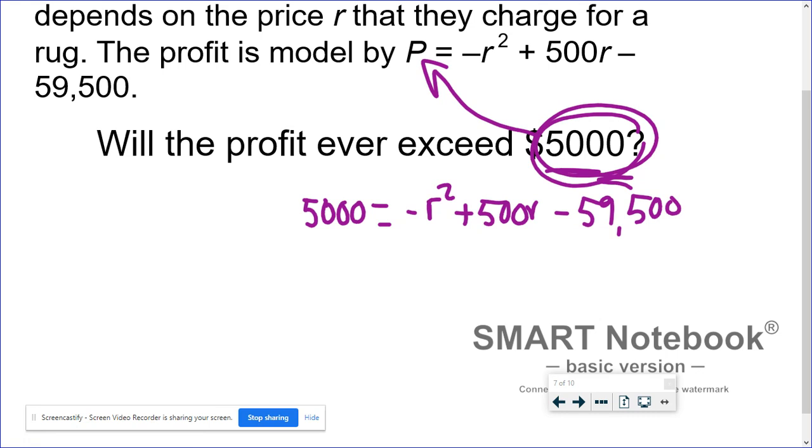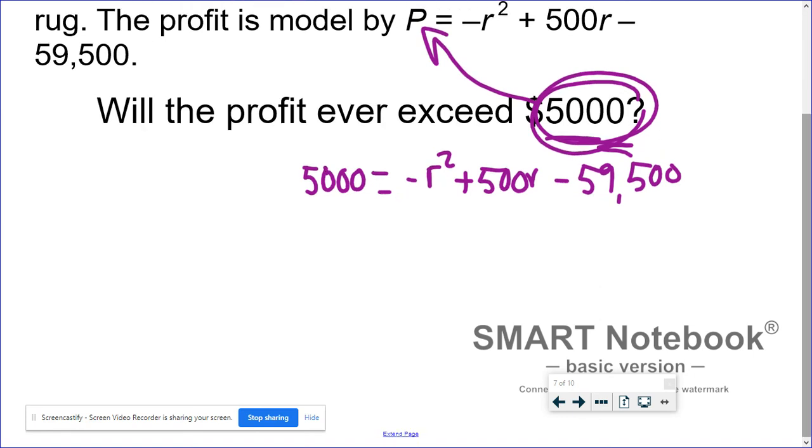If we get a positive discriminant, that means this is possible. If we get a negative discriminant, it means it's not possible. It's really that simple. So we're going to set this in standard form. We're going to subtract 5,000 from both sides.